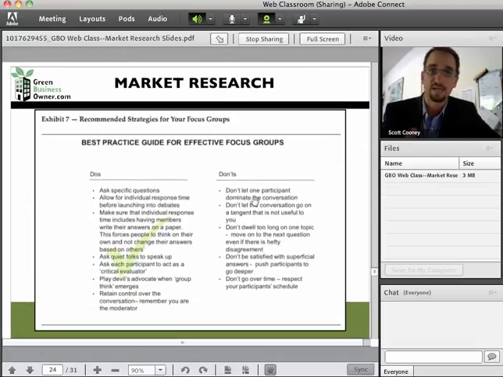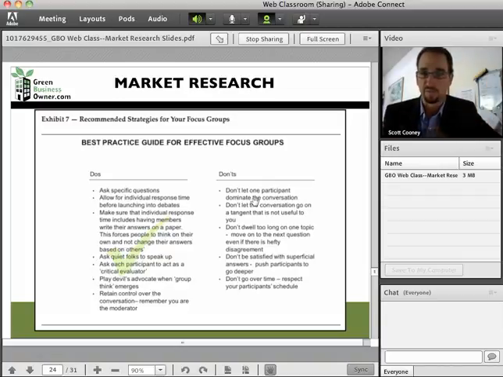Okay, and in the document that we sent you, that you got when you registered for this class, Exhibit 7 has some strategies for directing your focus group. There's do's and don'ts here. The main do's are to do all those things I've just been talking about, asking very specific questions, allowing individuals to talk and give you feedback, and giving them the time that they need.